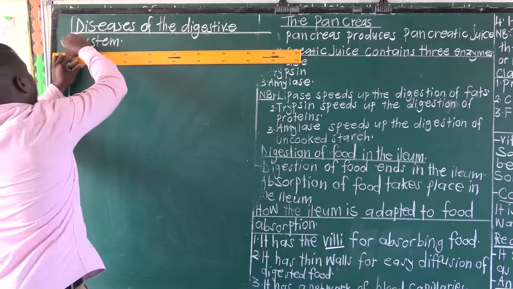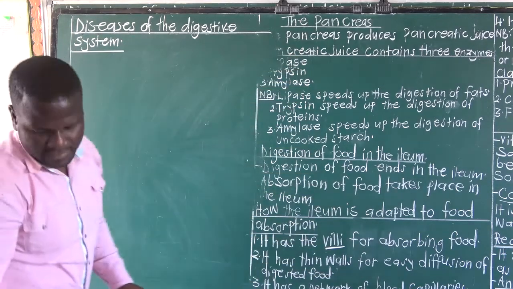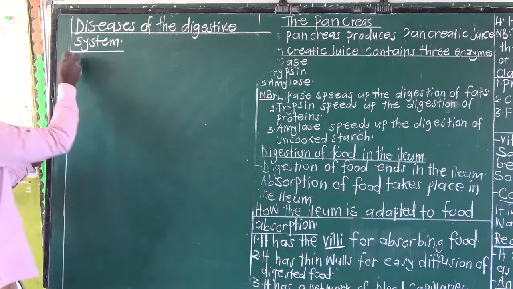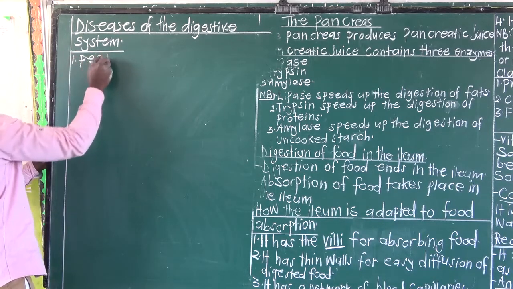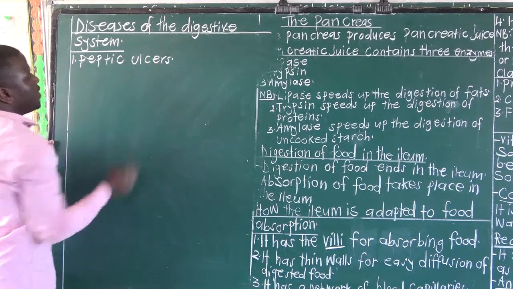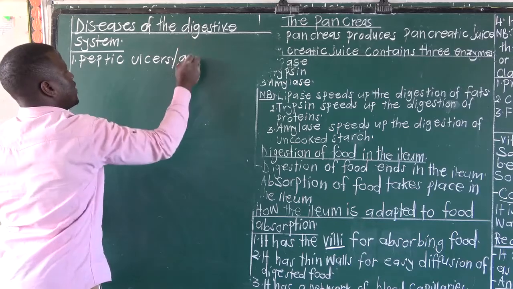Diseases of the digestive system. Now, the digestive system has some diseases. For example, we have peptic ulcers. These peptic ulcers are also known as gastric ulcers.